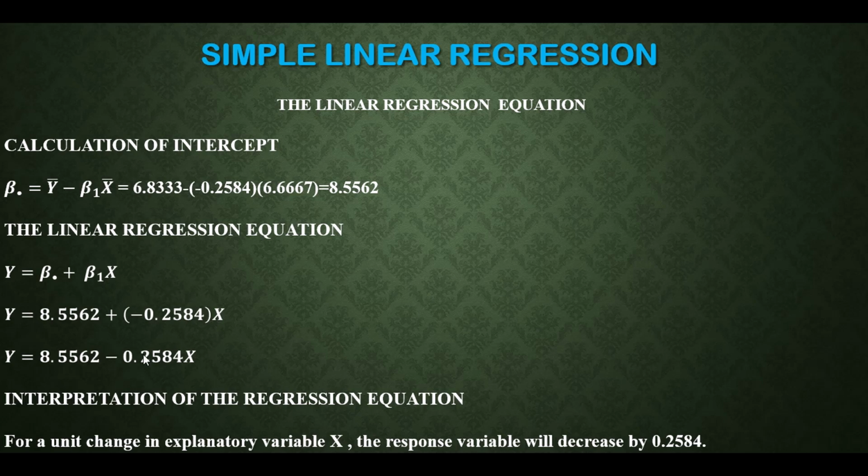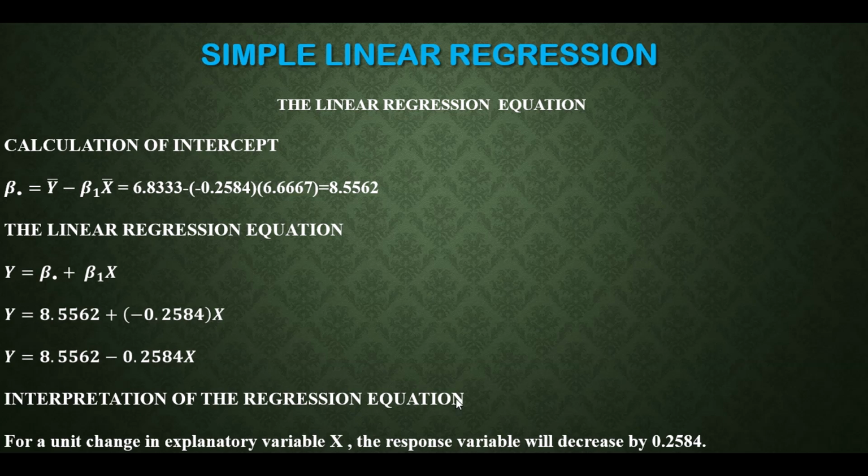Then we slot in the intercept and the slope, and this is the regression equation we want to calculate: y is equal to 8.5562 minus 0.2584x. This is the regression equation.